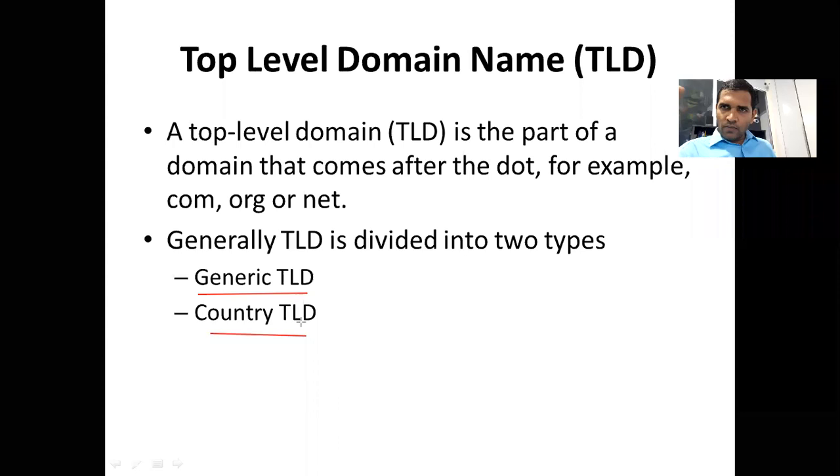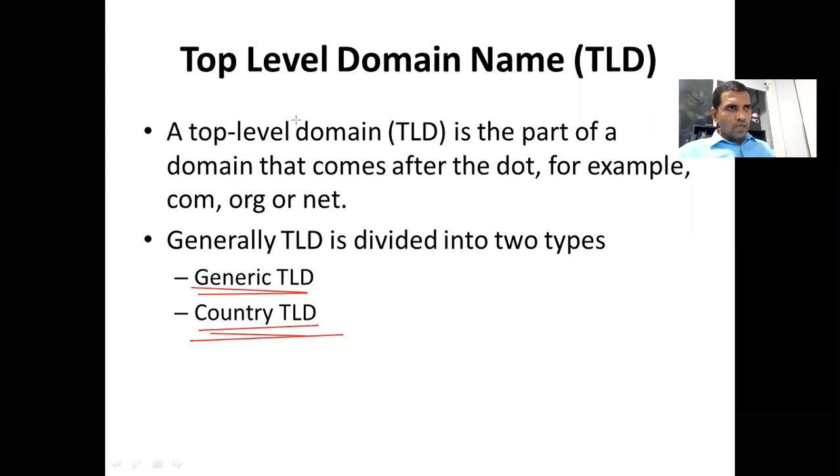In one URL, the TLD was LK. That TLD is called country TLD, because by looking at that LK, we recognized that particular website or organization as a Sri Lankan organization. Since that LK represents a country, that can be called country top level domain name.